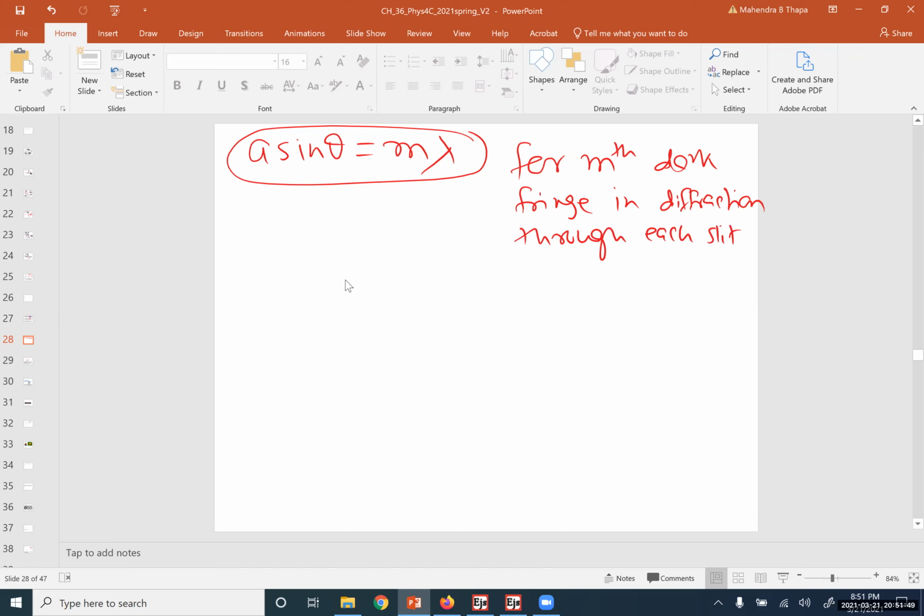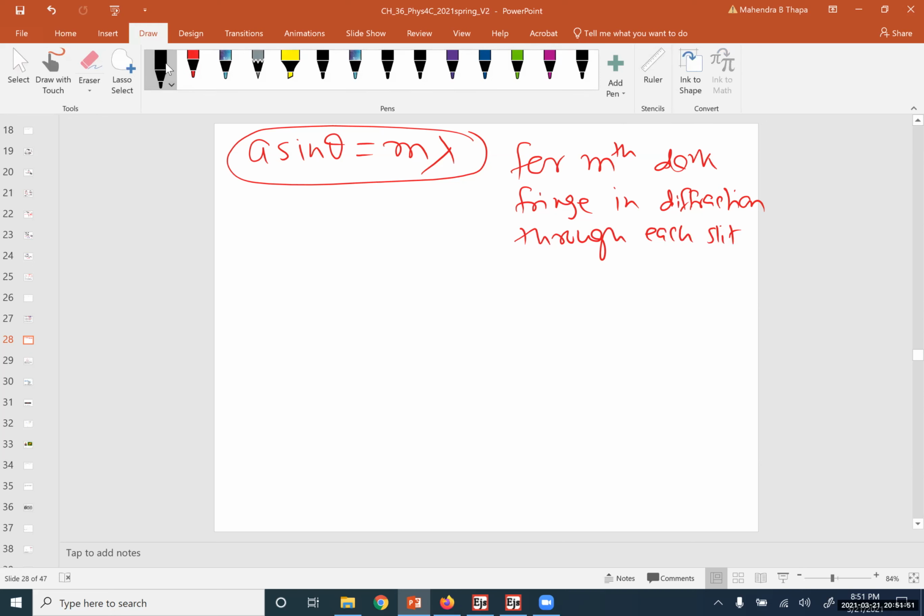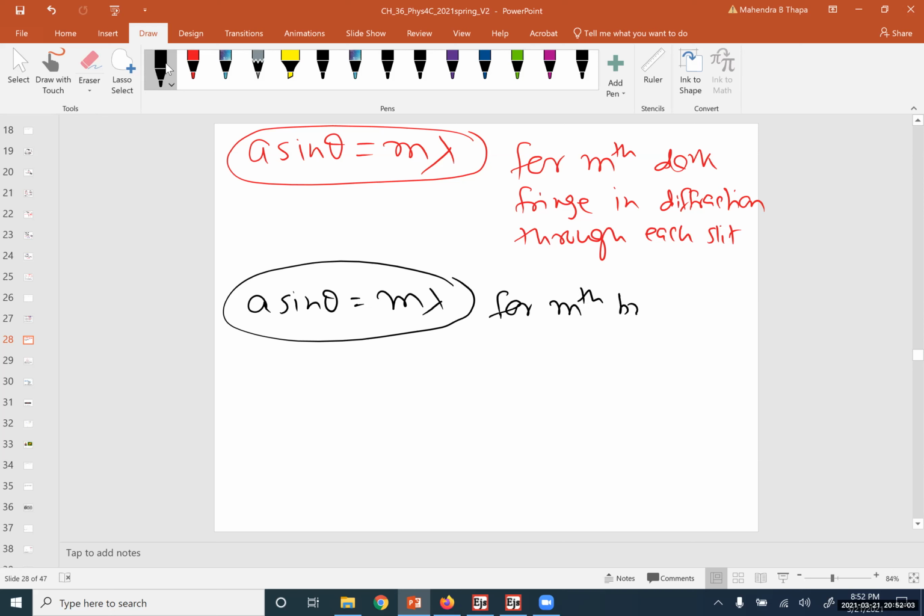At the same time we know that a sin theta equals m lambda is also the case for the m-th bright fringe in interference.